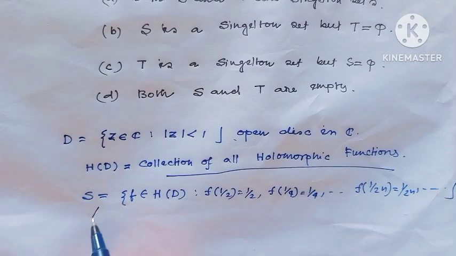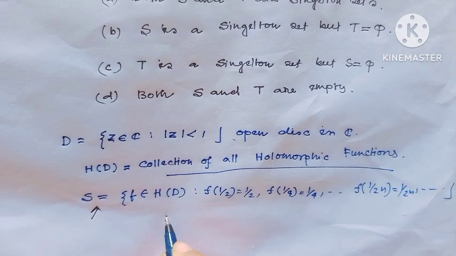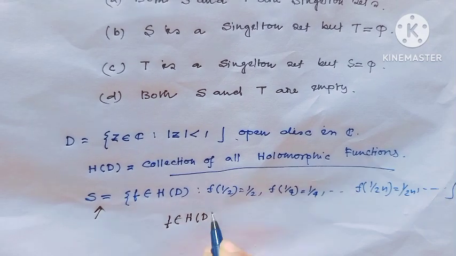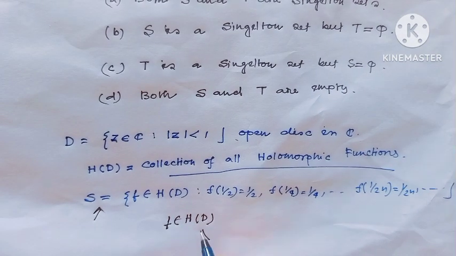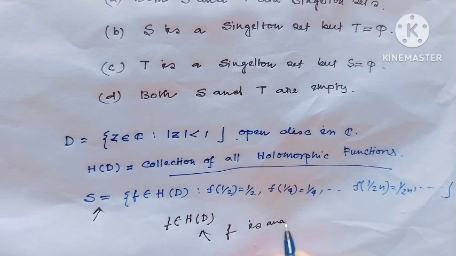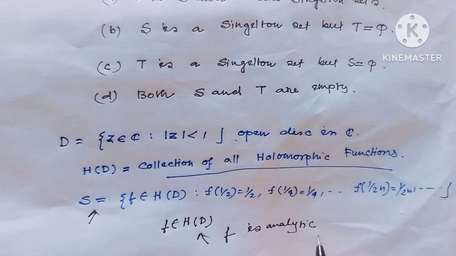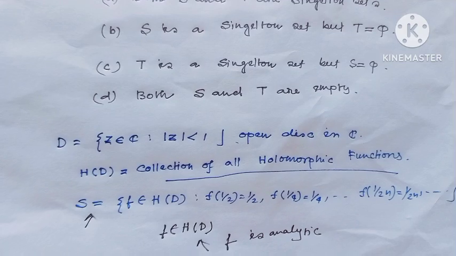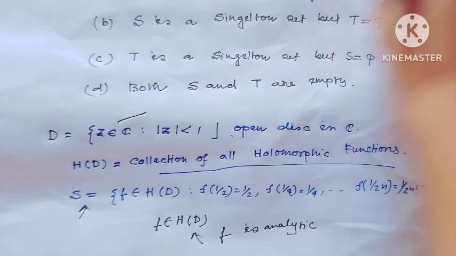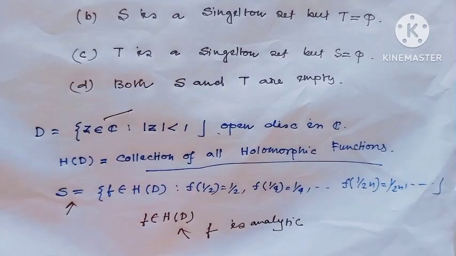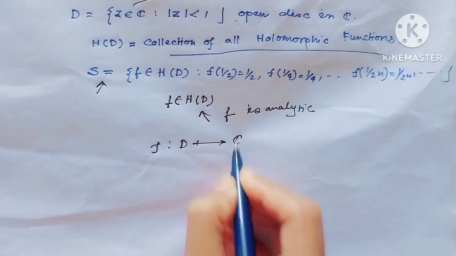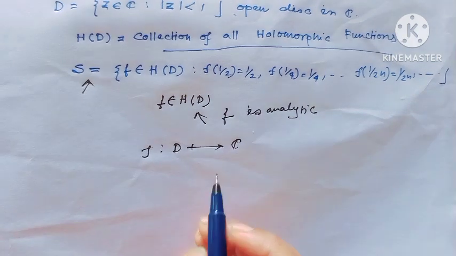This is the set S. Since f belongs to H(D), where H(D) is the collection of all holomorphic functions, obviously f is analytic and obviously the domain is an open connected set. Here the function is defined from D to the complex plane.